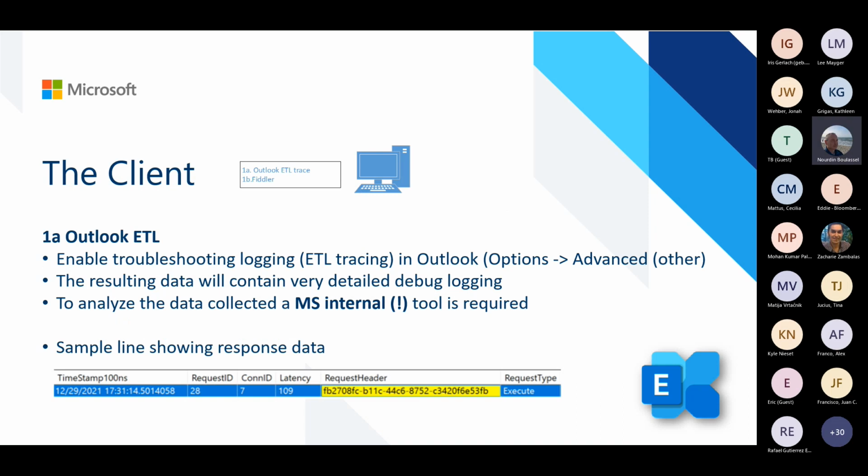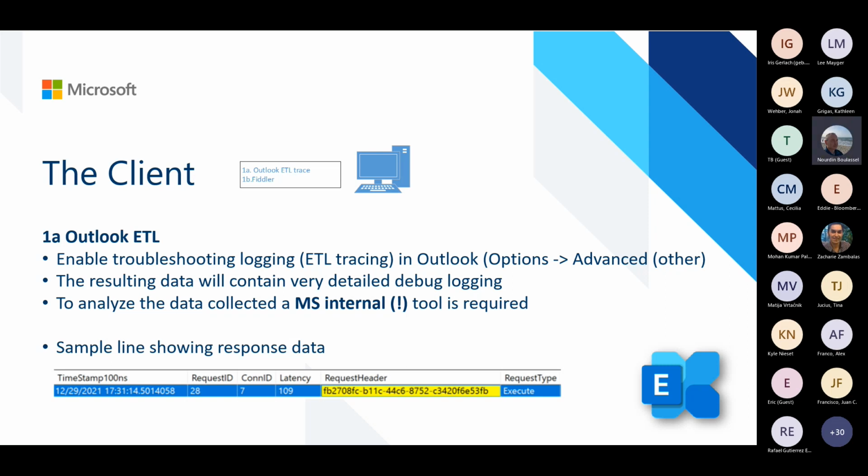Then let's start with data collection. Number one, the client. Of course, you can enable troubleshooting logging within Outlook in Options, Advanced, Other. This will create an ETL file, and it will contain lots and lots of very detailed debugging information.